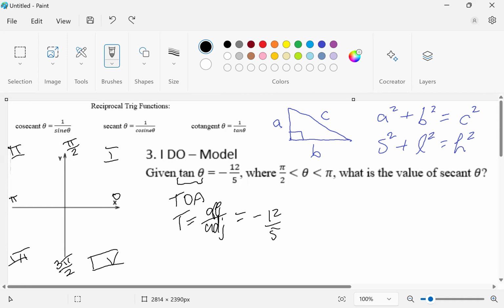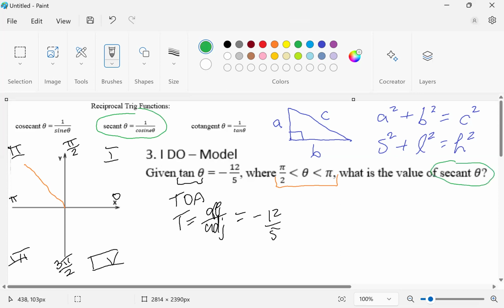So we can draw the terminal side of our angle like that. What is the value of the secant of theta?